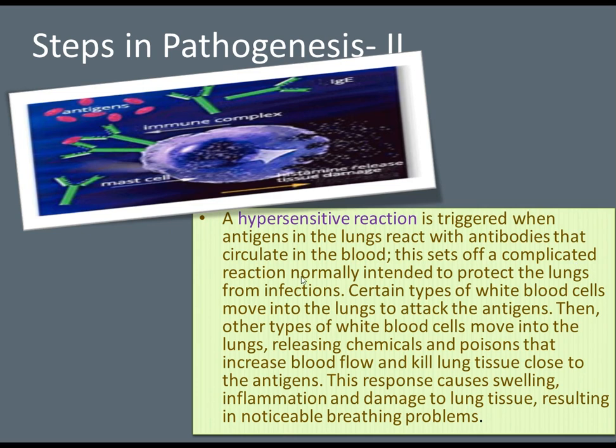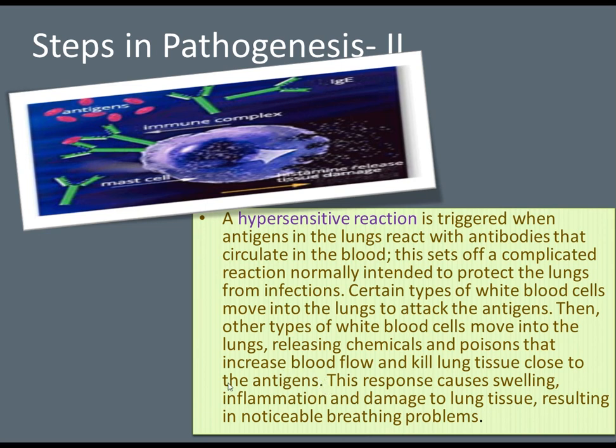This sets off a complicated reaction normally intended to protect the lungs from infections. Certain types of white blood cells move into the lungs to attack the antigens. Then, other types of white blood cells move into the lungs, releasing chemicals and poisons that increase blood flow and kill lung tissue close to the antigens.